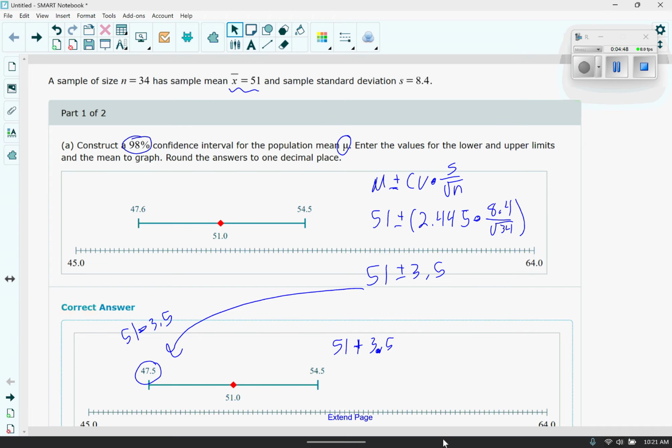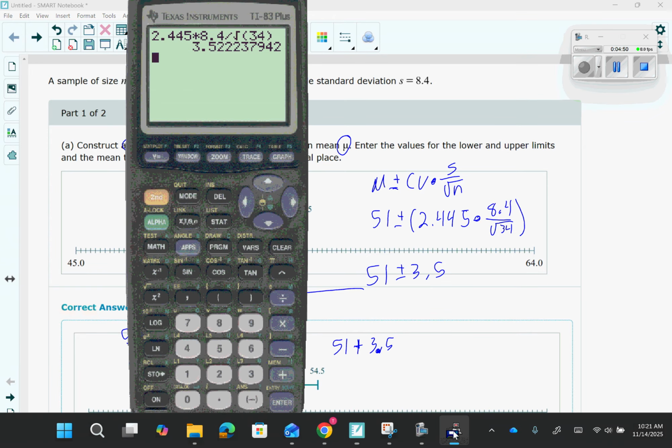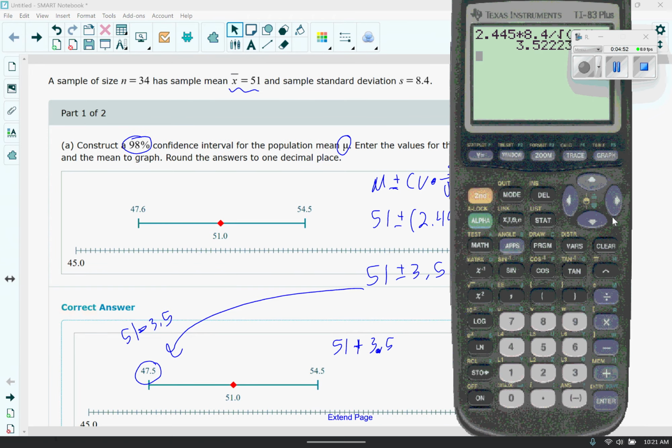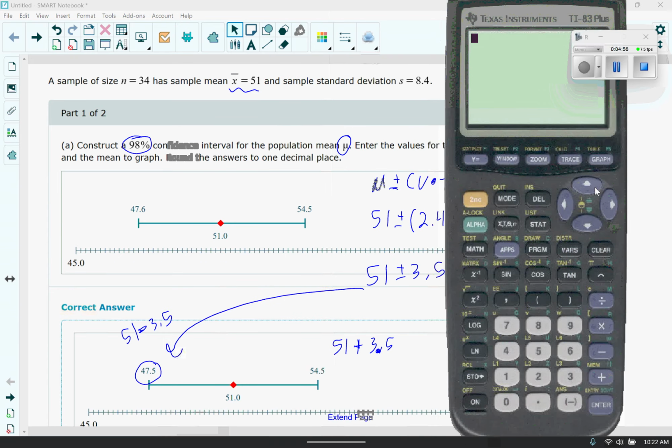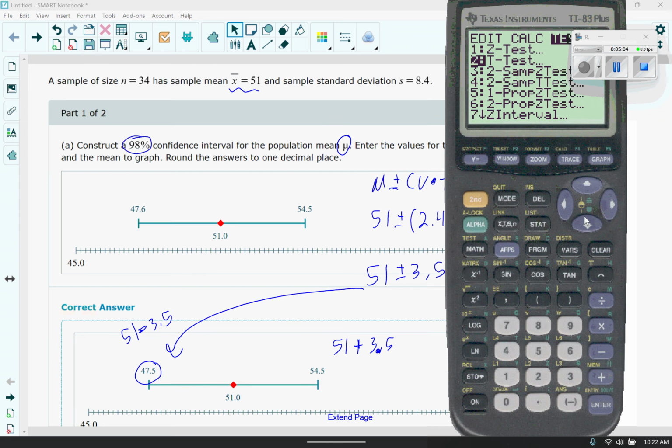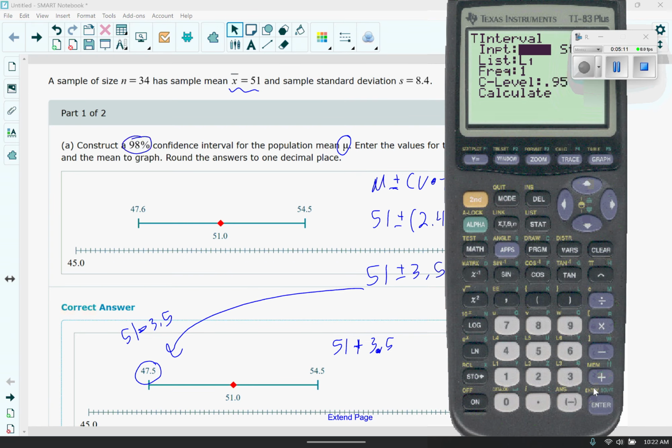Now, real quick, there is a pretty easy way to do this in the calculator where you just put in these values. And so I'll show you that real quick. If you were to go to stat, go to test, and we're going to do the t interval right here.